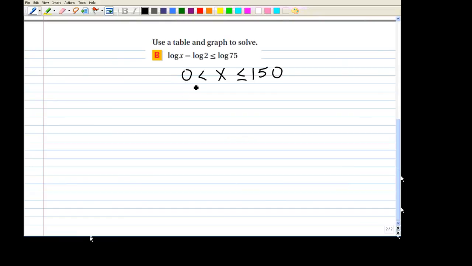So my solution will not be equal to 0 because the asymptote is at 0, but it will be between 0 and 150, and we'll include the 150 because we were given less than or equal to, so our solution will be less than or equal to the 150.